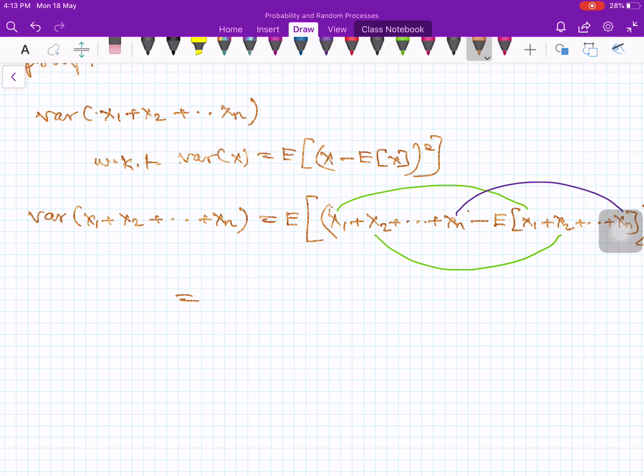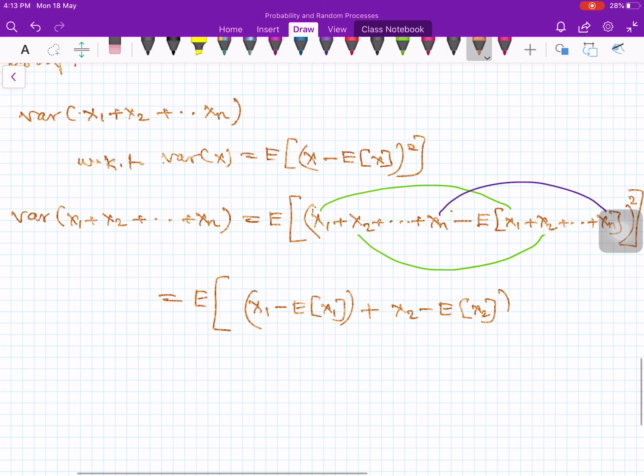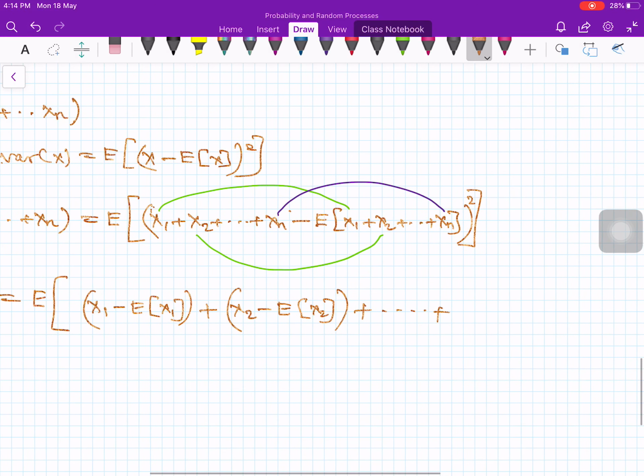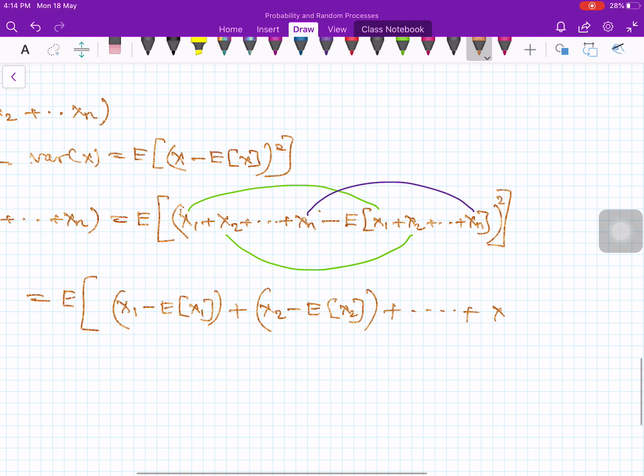This is equal to the expected value of x1 minus E of x1, this one term, plus x2 minus E of x2, plus dot dot dot plus xn minus E of xn, then whole square.